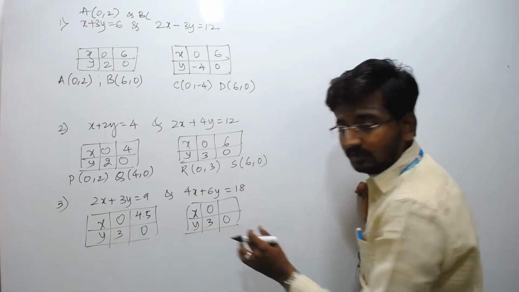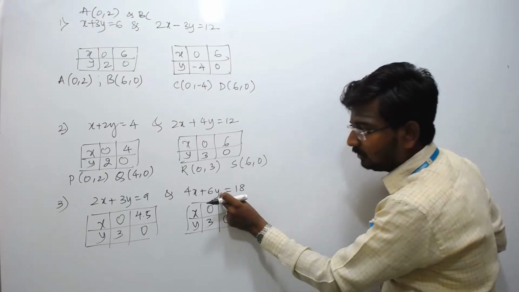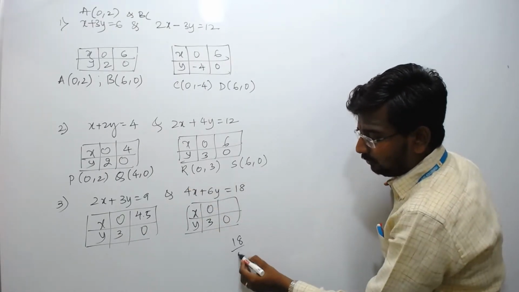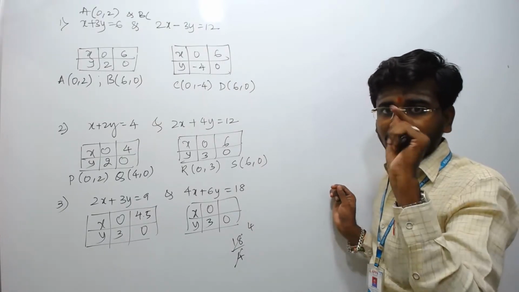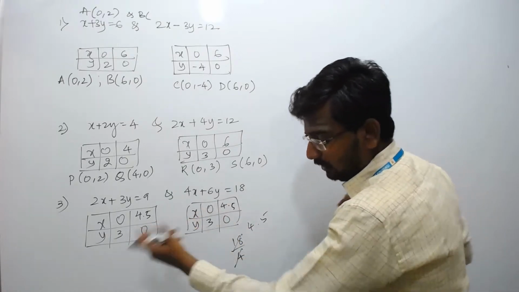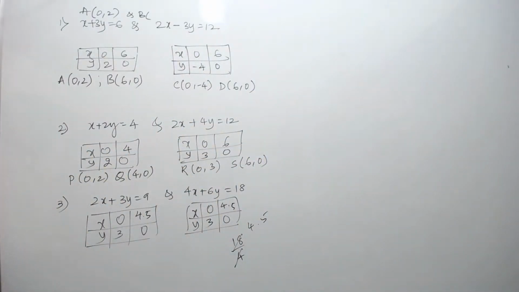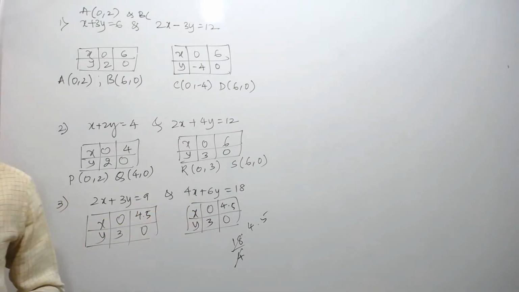See, both the points are the same now, (0, 3) and (0, 3). Now when y value is 0, x is 18 by 4: 4 fours are 16, 2 is the remainder, decimal point, 0, 4 fives are 20, so 4.5. Look at the coordinates of both the equations: (0, 3), (4.5, 0).